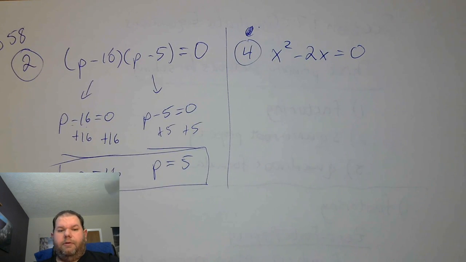Now in this problem, it's not a full trinomial because we don't have a constant. But do we have a common factor in this problem? Do we have a greatest common factor that we would be able to factor out from each part?